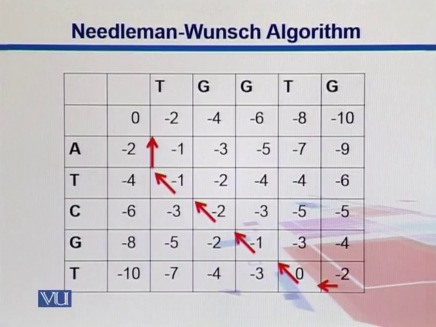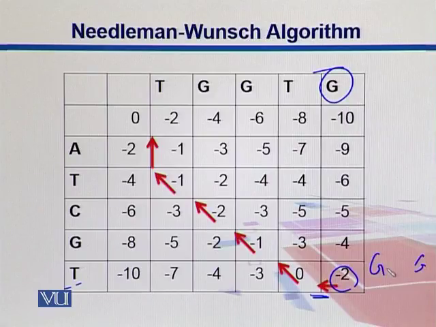So we start the traceback then. Here the pointer tells us that we get this score from here. So actually we were putting a gap on one of the strands. We were changing the column, moving here, but on the other strand we were at the same point. So it will be something where we have a G here, and in the opposite strand we will have a gap.